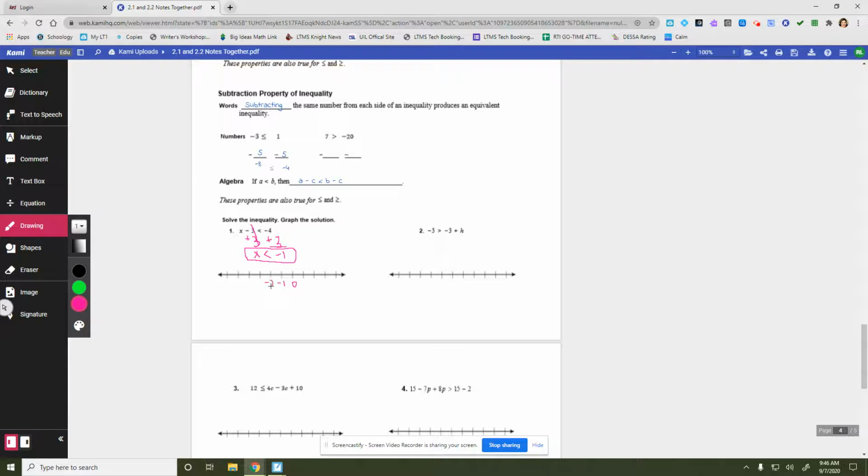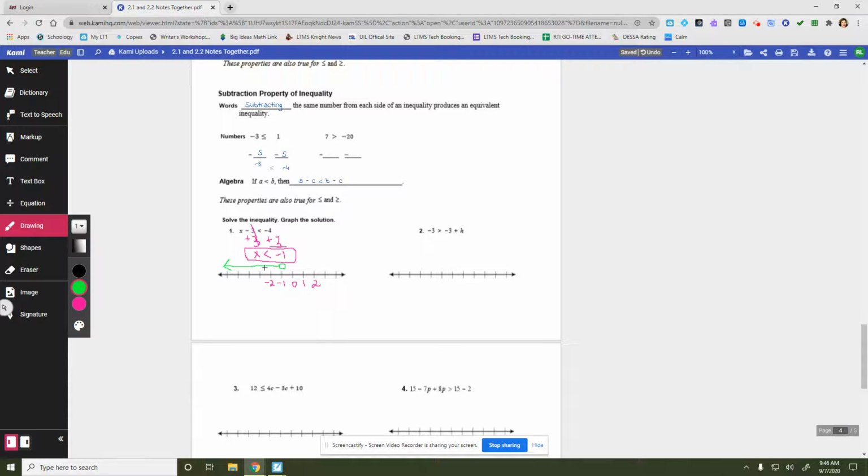You don't have to label every tick, as long as you have a few labeled to establish where 0 is and what you're counting by, and making sure you know that things are decreasing to the left and increasing to the right, then we can graph our inequality. So our boundary is -1, so I'm going to put a big old open circle right there. And it's everything less than, so it's everything to the left on the number line.